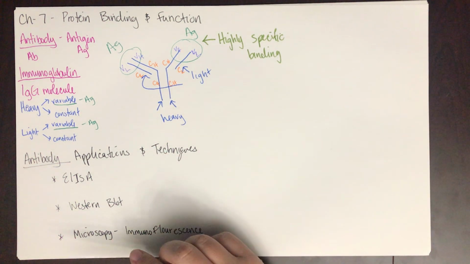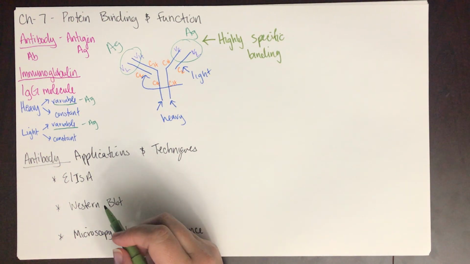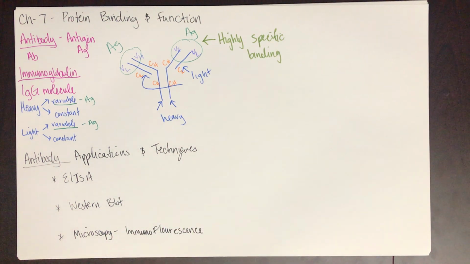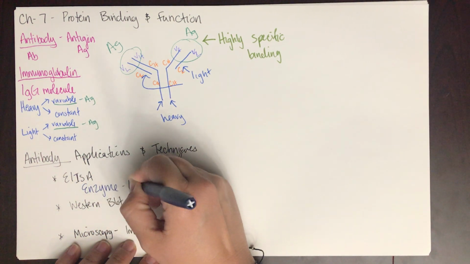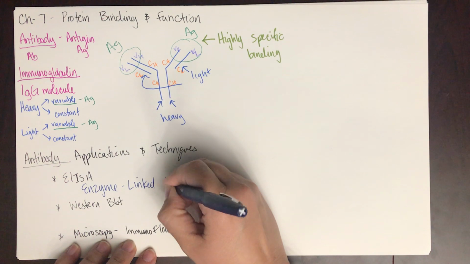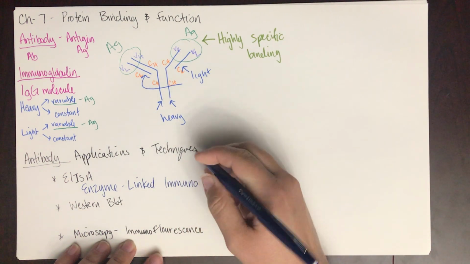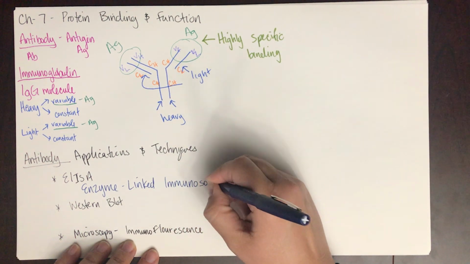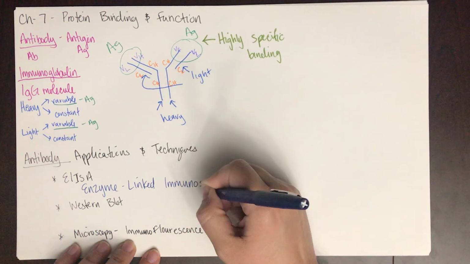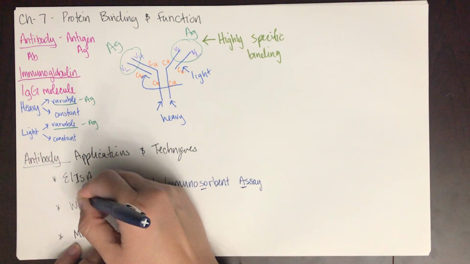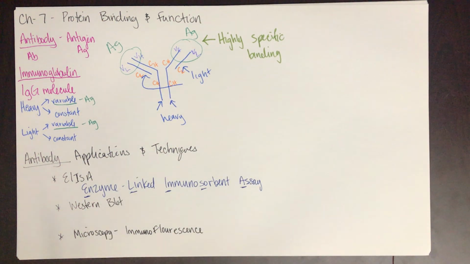And then we'll talk about these 3 techniques too. So the first one is called an ELISA. What ELISA stands for is enzyme-linked immunosorbent assay.